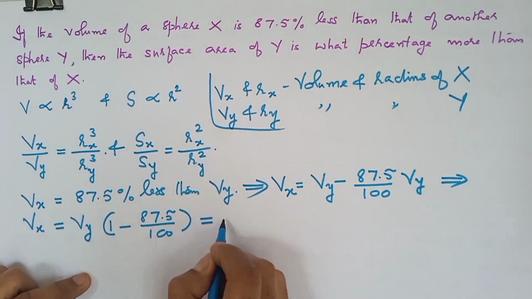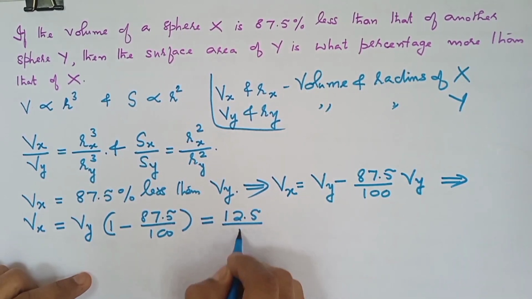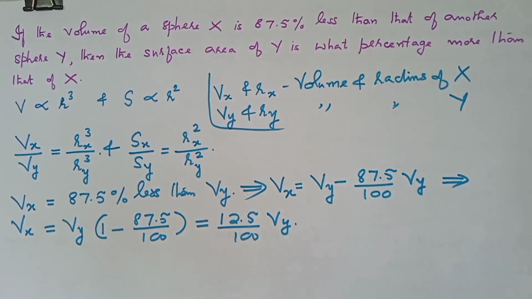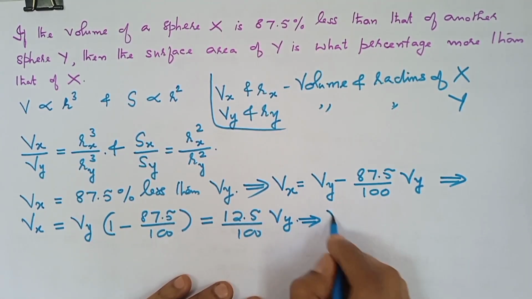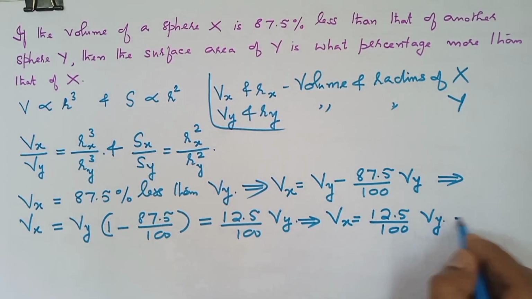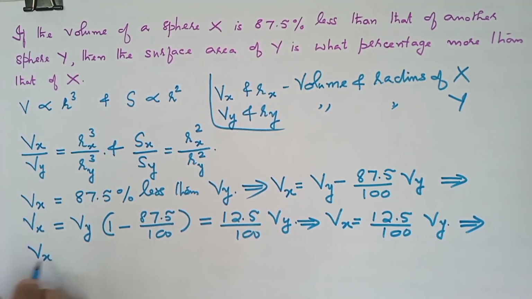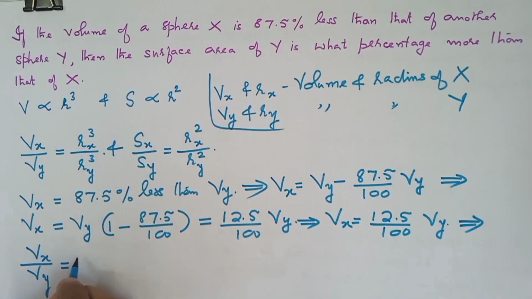On simplification, you will get 12.5 by 100 Vy. Combining these two, we can further simplify. Take Vy to the left side, and this is actually 1 by 8.